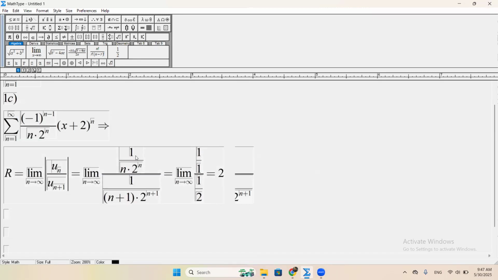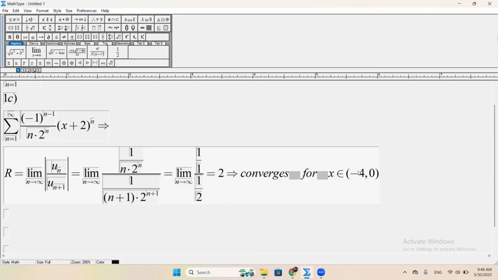So this series converges for x from, okay, let me write down and then I will explain. For x from -4 to 0 exclusively.